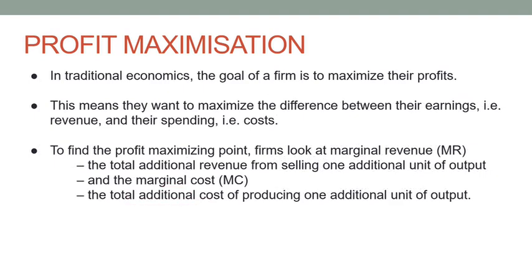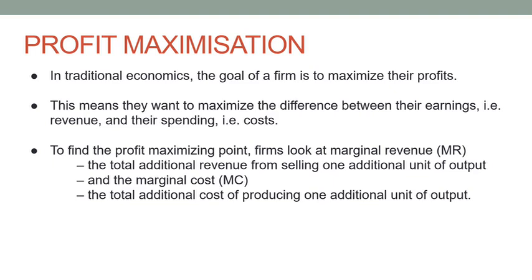Profit maximization. So, as you know, in traditional economics, the goal of a firm is to maximize their profits. They want to try and make the most that they can. This means they want to maximize the difference between their earnings, that is revenue, and their spending, which is the cost.